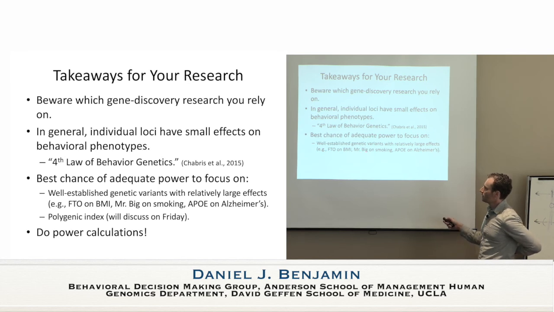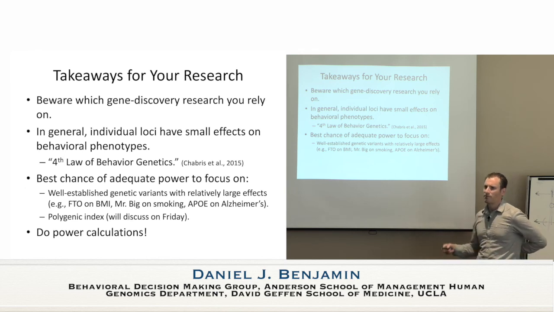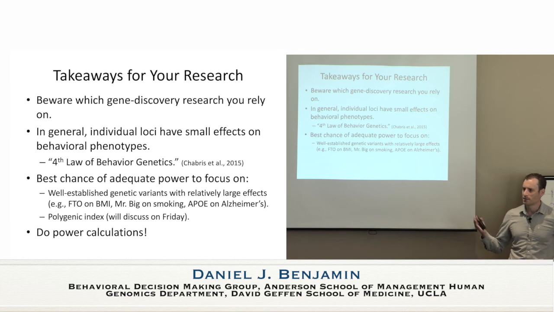There's one particular SNP that is colloquially called Mr. Big because it's the one with the big effect, and it has a relatively big effect on smoking. These effect sizes are on the order of one third of a percentage of R squared. So it's not huge, but it's 10 times larger than what we're seeing for effects on things like educational attainment. And then there's ApoE on Alzheimer's, which is a much bigger effect. That's like 15 or 20% of the variance.